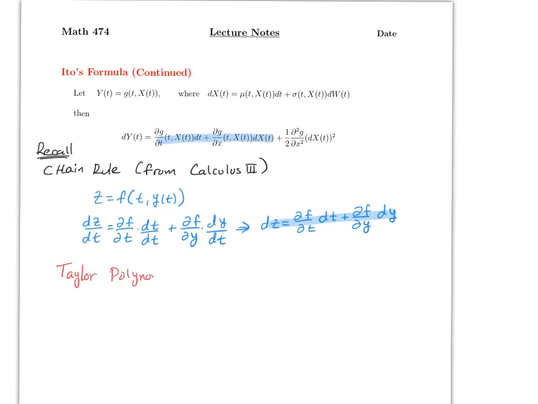polynomials or Taylor series, which is one of the most useful things in mathematics. You learned this in calculus 2. This is one of the main topics in calculus 2. There you have a function that can be written in terms of a series like this.